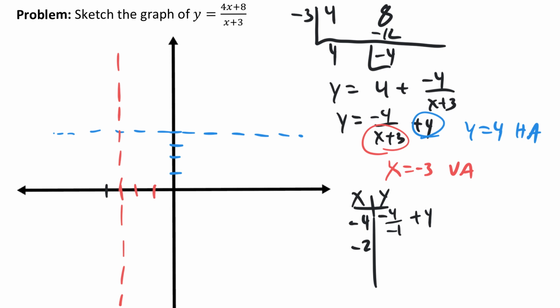That'll be 8. Okay, that'll be up here. And then when we plug in -2, we have -4 over 1, plus 4, so it'd be 0. Okay, right there. Now we go ahead and sketch the graph.